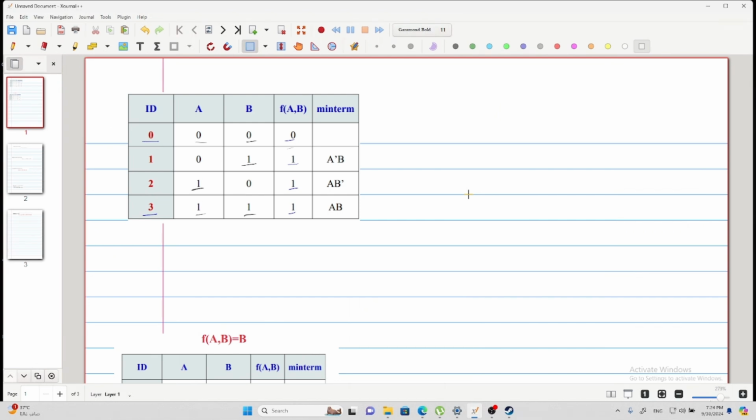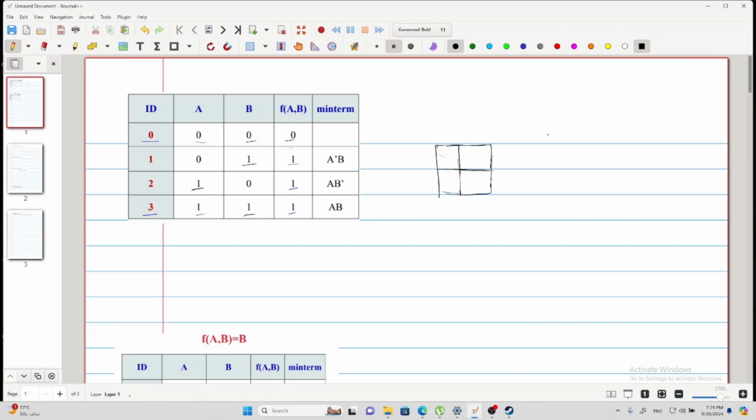So here we have two variables. There is a couple of rules that we have to follow in K-maps. First, let's set up the K-maps and see how it is actually done. For two variables we have four possibilities.